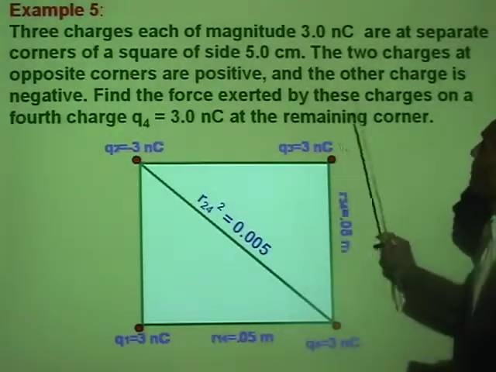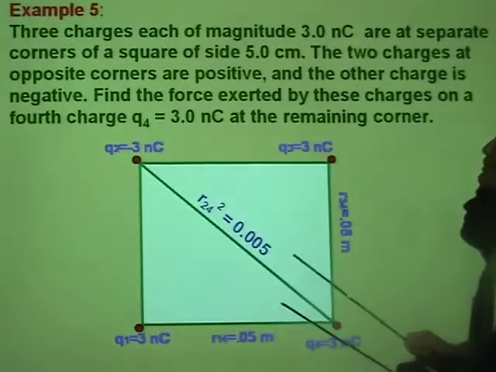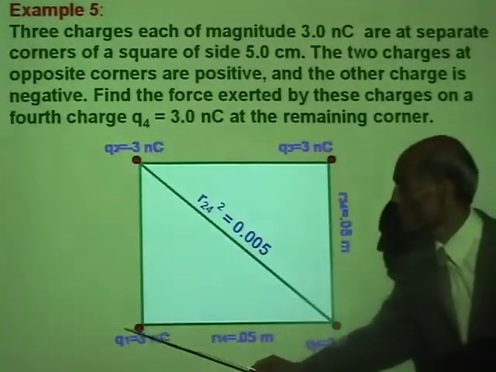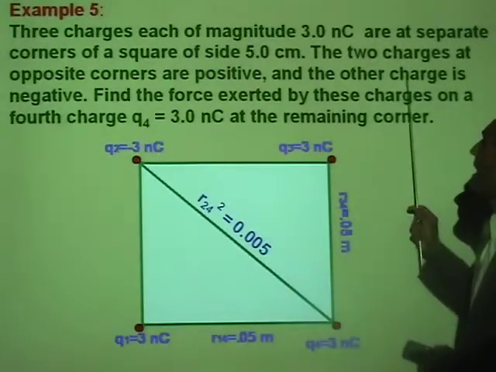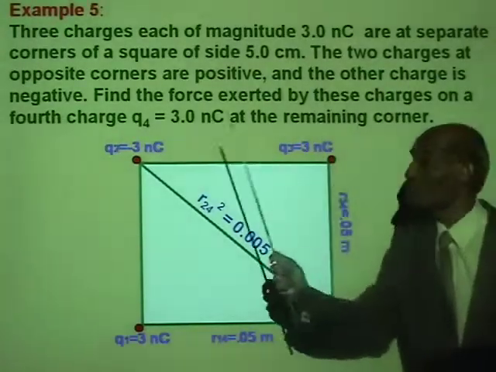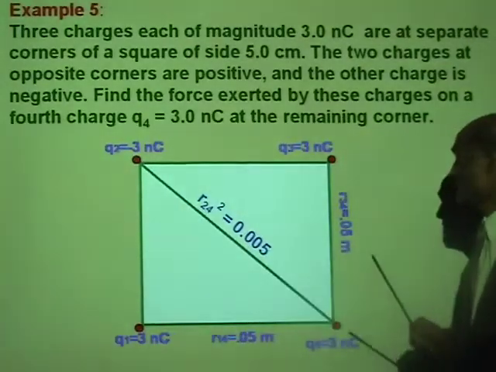Now, what does it say again? The two charges at the opposite corners are positive. So Q1 is positive, Q3 is positive, and the other charge is negative. That is this Q2. Q2 is negative.